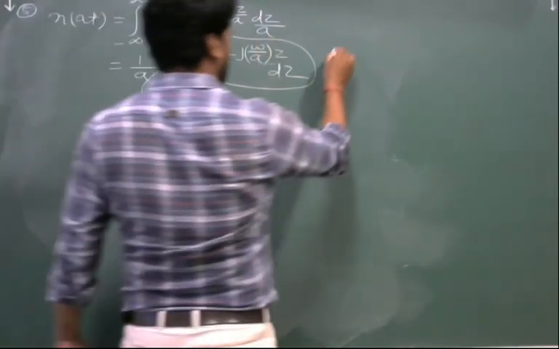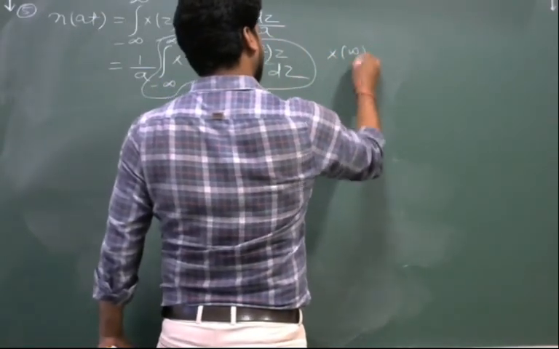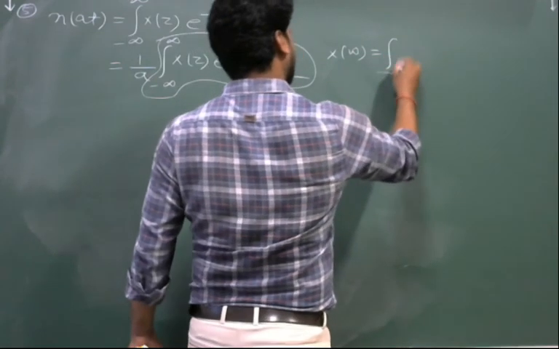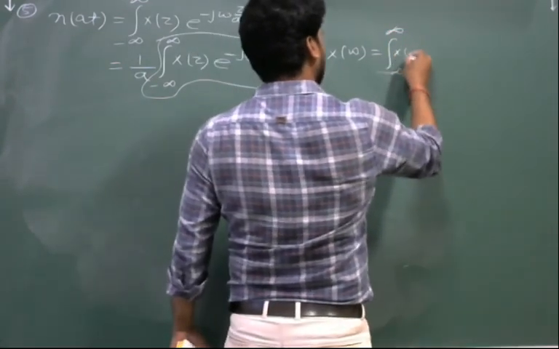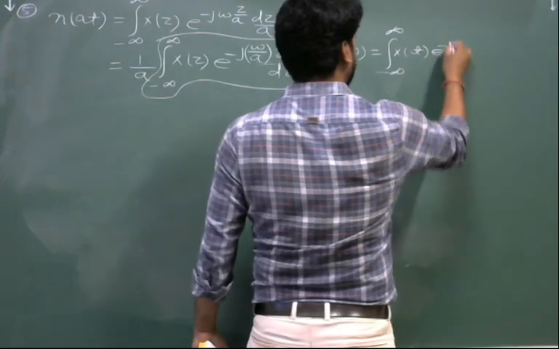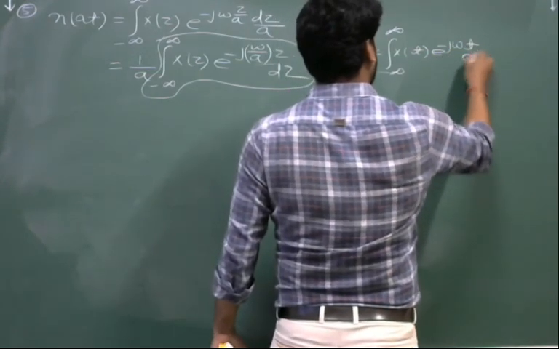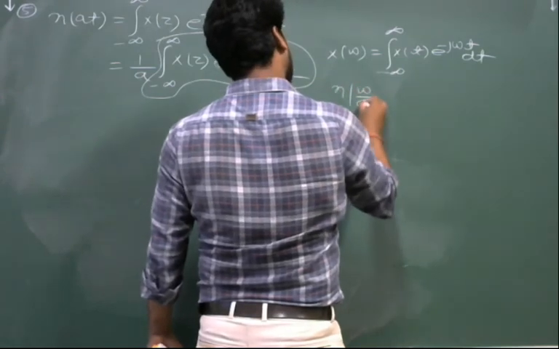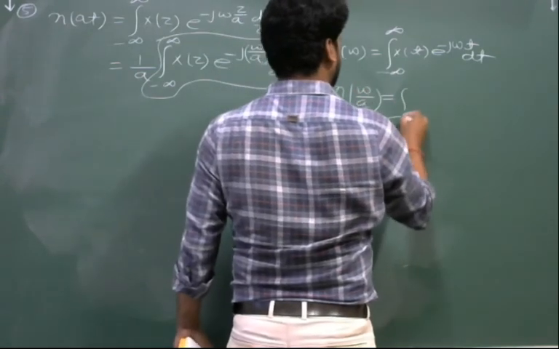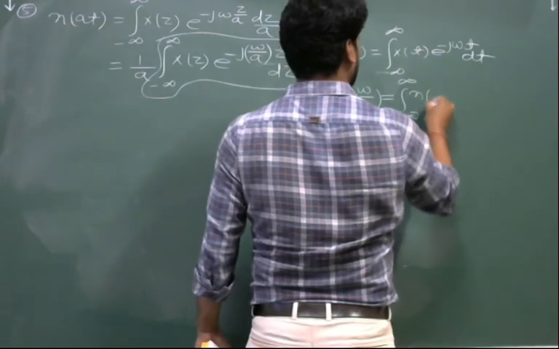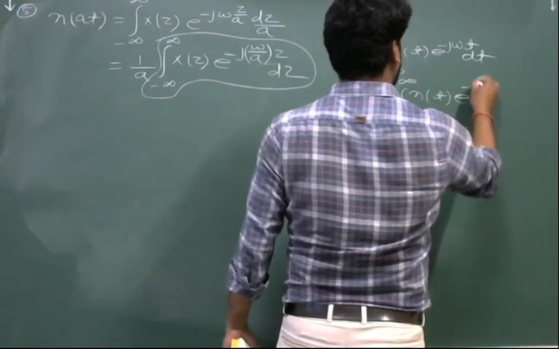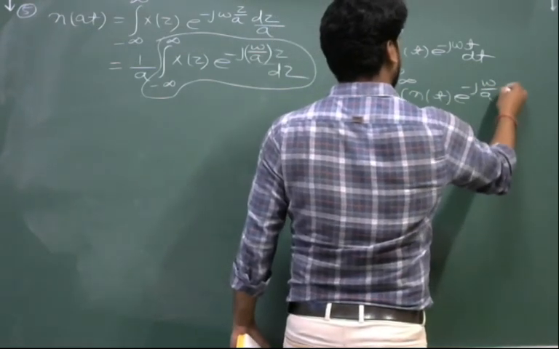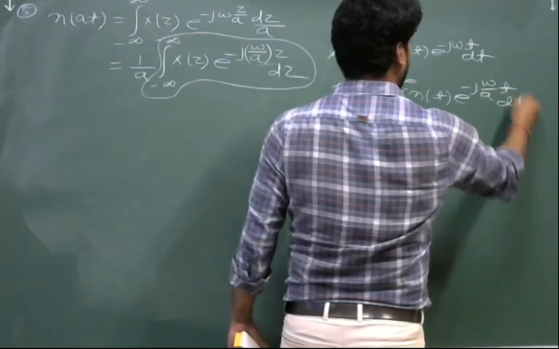If X of omega can be written as the integral from minus infinity to plus infinity of x(t) e power minus j omega t dt, then X of omega by a will be equal to the integral from minus infinity to plus infinity of x(t) e power minus j omega by a into t dt.